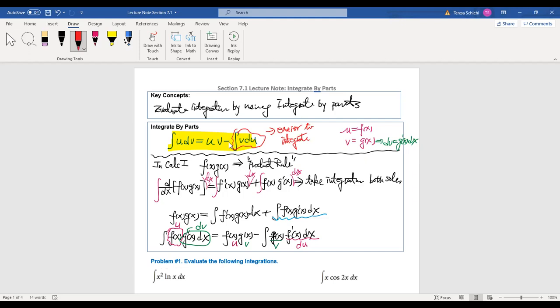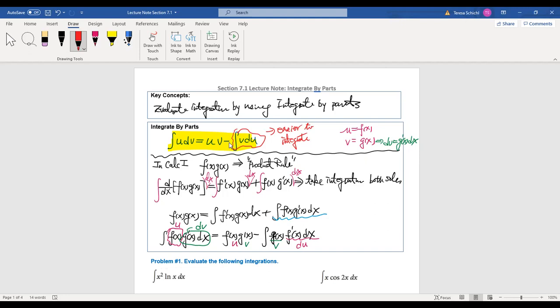Then the one you assign to be dv is easier to take the integration of, right? Because then you have uv, so you need to integrate one side, and here you have a du, you want to take the derivative of the other side.